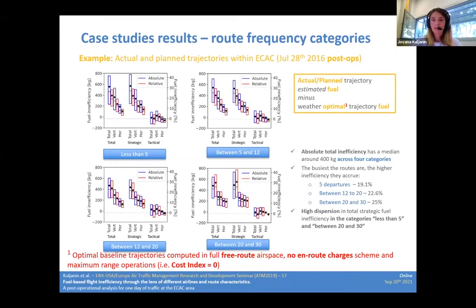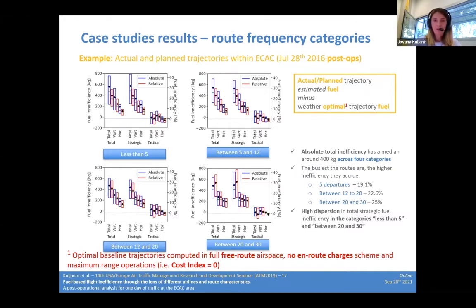Finally, the slides present some results for the fuel inefficiency across different route frequency. For instance, the total inefficiency has a median around 400 kilograms for all categories, mostly due to the strategic part of the ATM. However, as you can see, the busiest the routes are, the higher inefficiency they accrue.